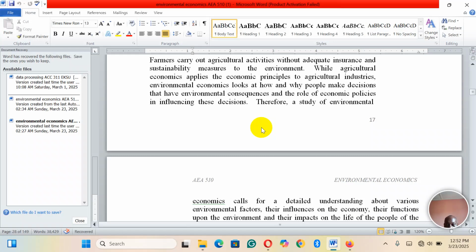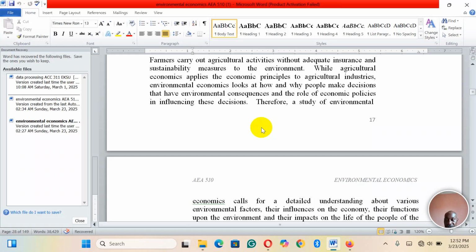While agricultural economics applies the economic principle to agricultural industries, environmental economics looks at how and why people make decisions that affect the environment, and the role of economic policy in influencing these decisions.